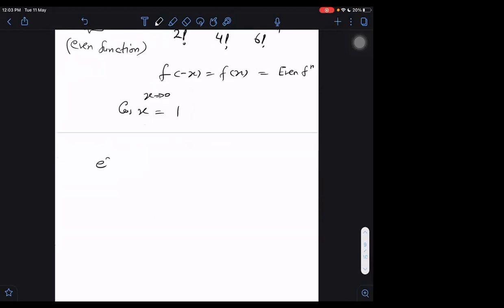One more formula you will learn, e raised to power x. That is equal to 1 plus x upon 1 factorial plus x square upon 2 factorial plus x cube upon 3 factorial, dot dot dot, all powers. Sir, how can we calculate the values of e power x when 1 factorial, 2 factorials are there?